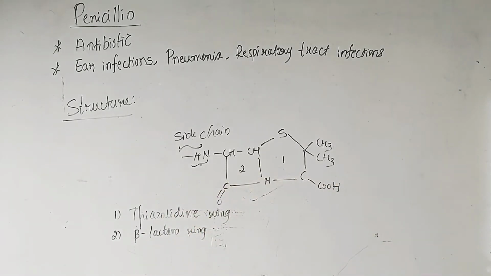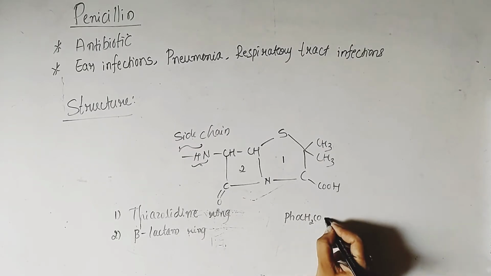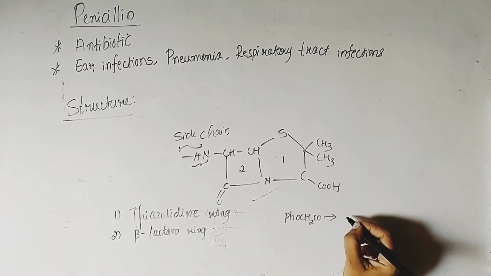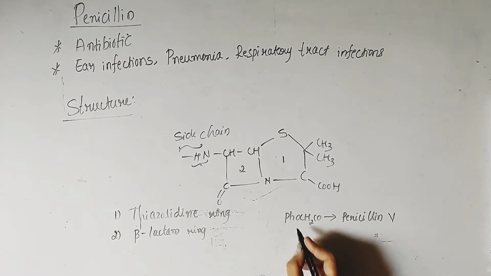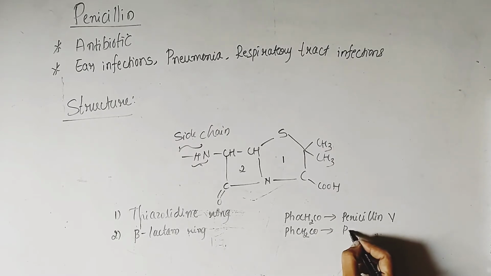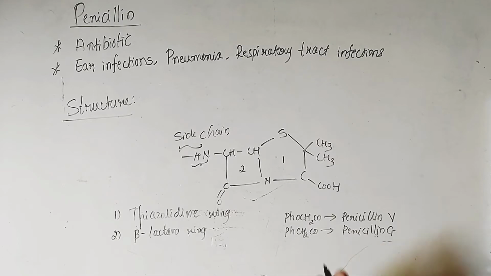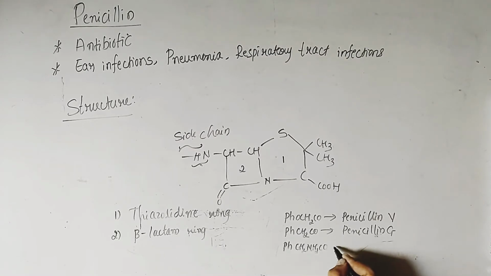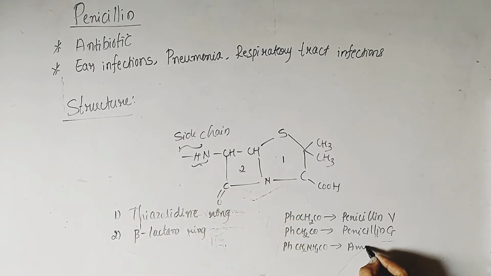If a phenoxy group, that is PhO-CH2-CO, is attached to this basic structure, it is called penicillin V. If a phenylacetyl group, Ph-CH2-CO, is attached, it is called penicillin G. If a group like Ph-CH(NH2)-CO is attached, it is called ampicillin.